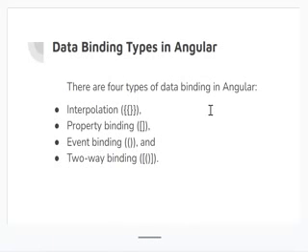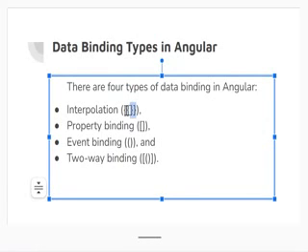Next, data binding types in Angular. There are 4 types of data binding in Angular. One is interpolation, where you use double curly brackets and inside the brackets you have your variable. Property binding uses square brackets.